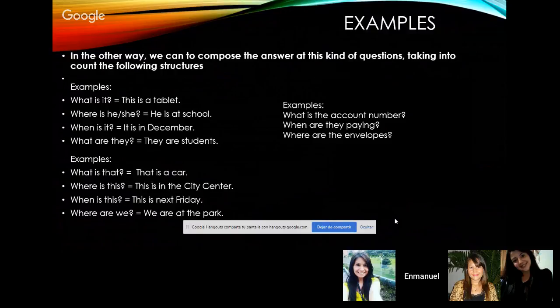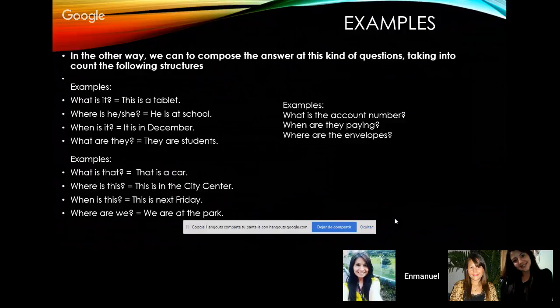Example. Okay, let's continue. In the other way, we can compose the answer to this kind of question, taking into account the following structure. That was something that we were able to see in the slide before.